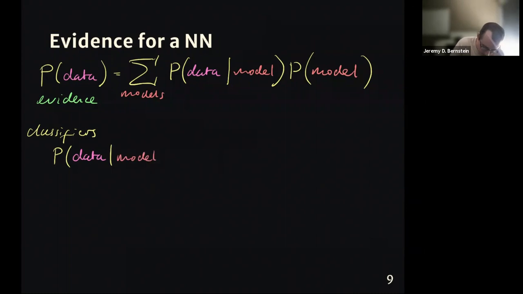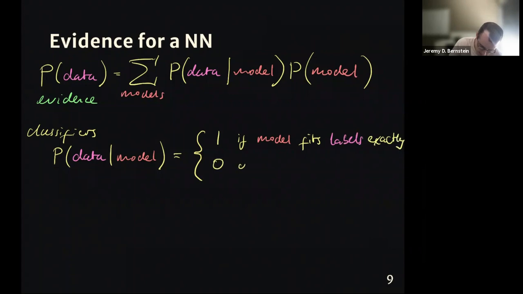But now by model, we really mean a particular weight vector for our neural architecture. And we're going to define a convenient likelihood function, which is just 1 if the model reproduces or fits the training labels, the labels of the data, exactly, and 0 otherwise.